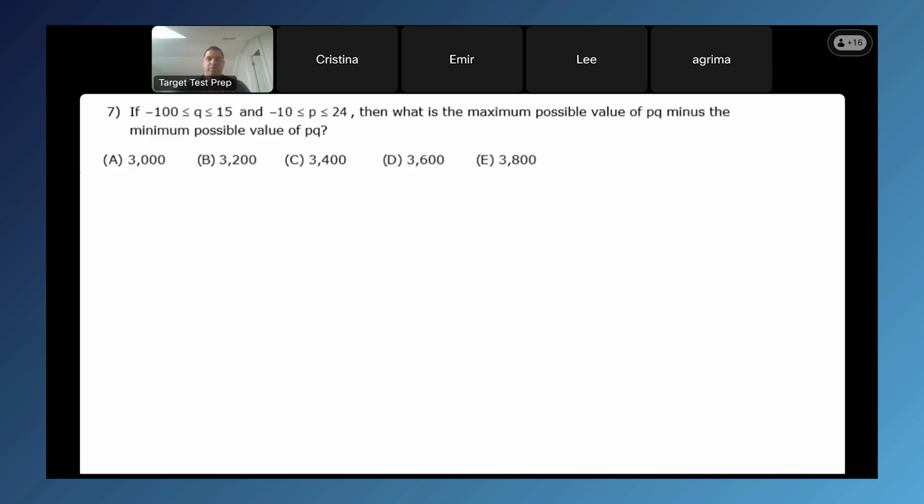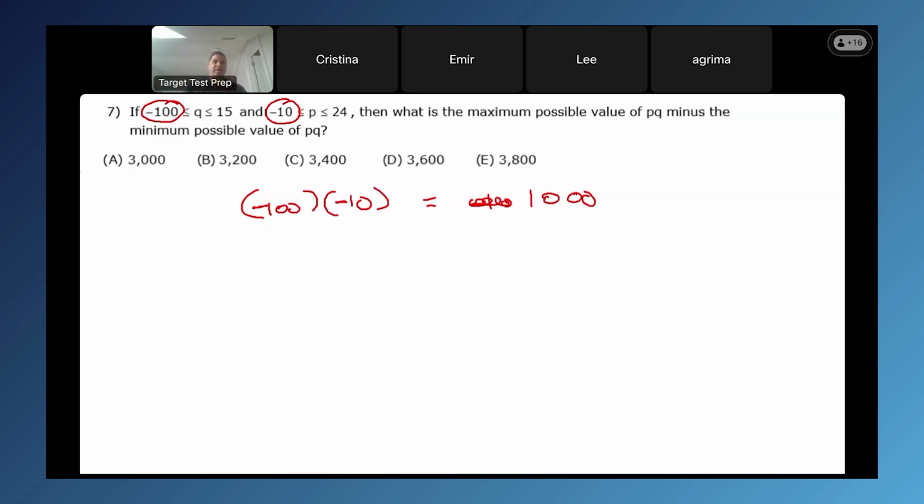All right, so we're finding the maximum value of PQ minus the minimum possible value, right? So the max value is either going to be two negatives or two positives, because we're talking about products. It should be pretty clear that the max is going to be minus 100 times minus 10, which is positive 1,000.